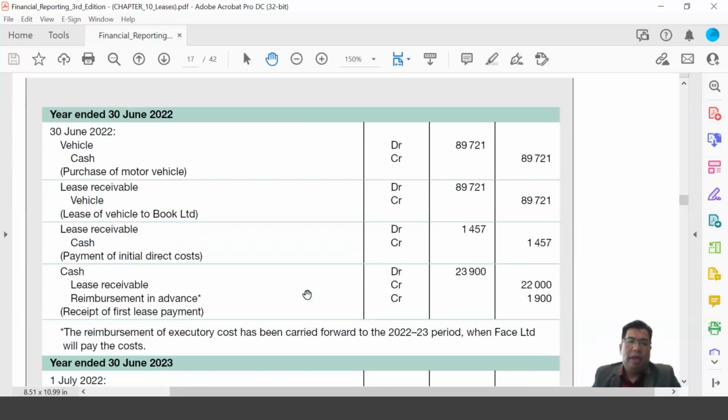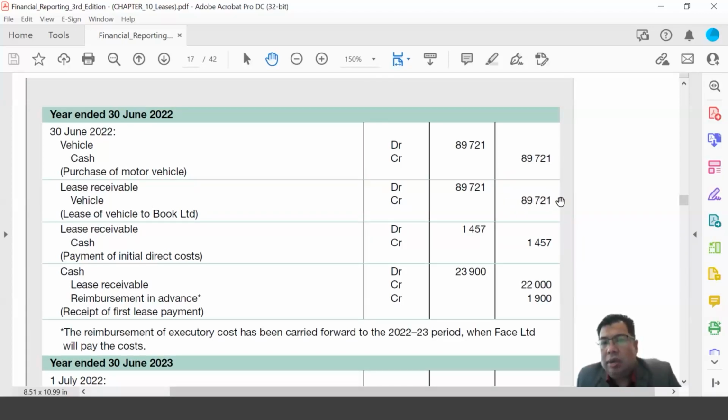The first one, on 30th June, for example, you purchase the vehicles. So debit vehicles, credit cash. When you sign the contract with the lessee, you're going to remove that asset from your balance sheet. So credit vehicles 89,721.